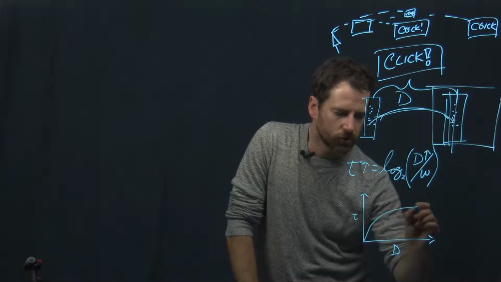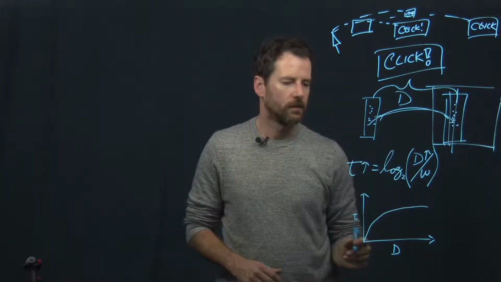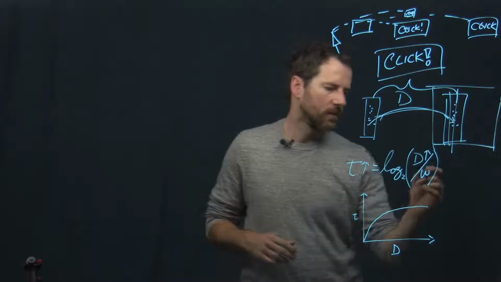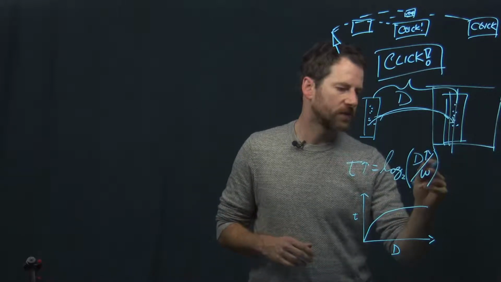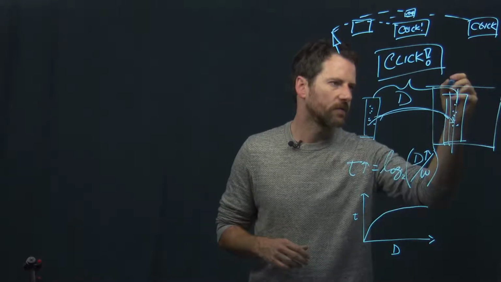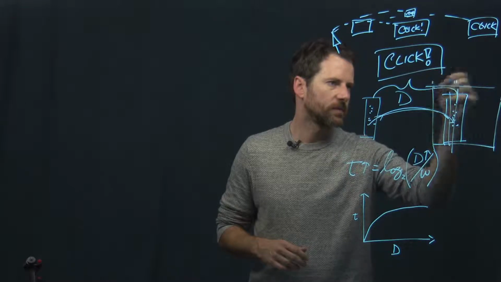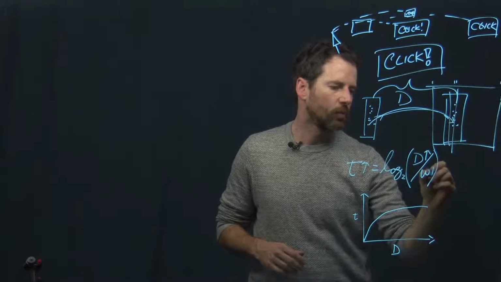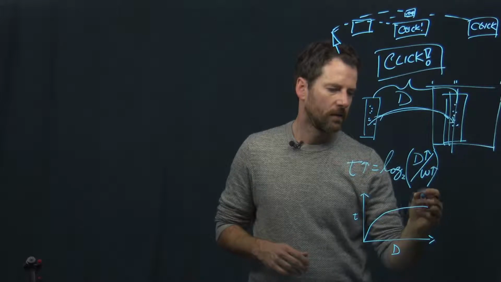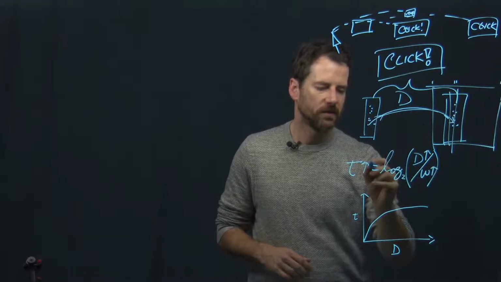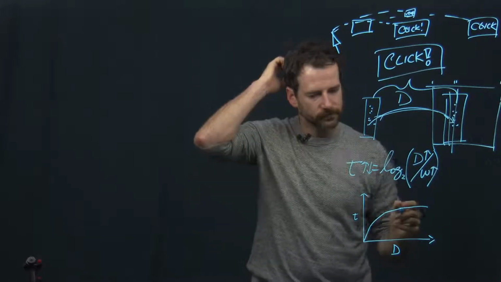We can also check our model that as the width of the target increases, so if we go from something that's really skinny to something that's really fat, as the width goes up, that's on the bottom of this fraction here, so the time is going to go down.